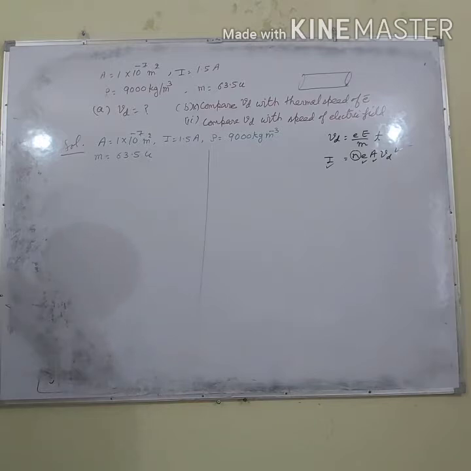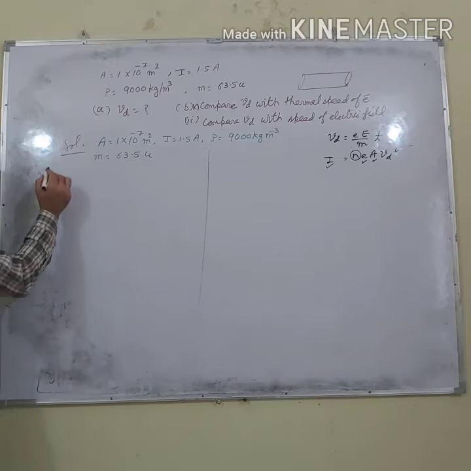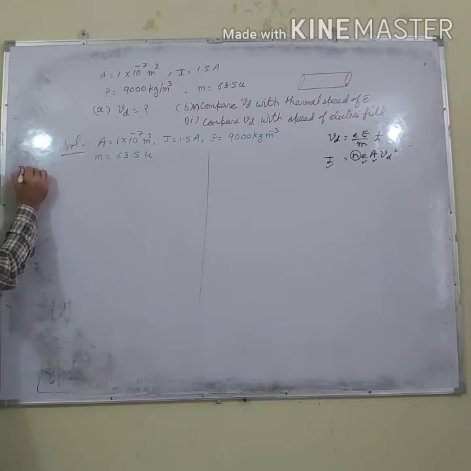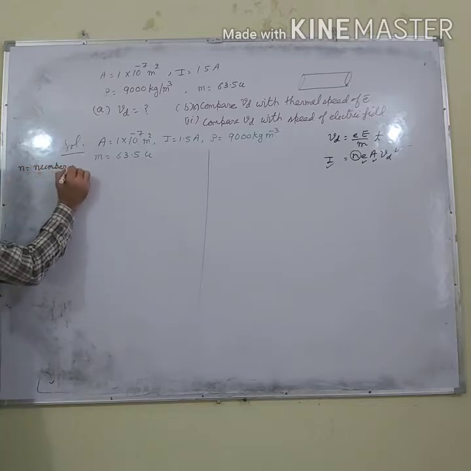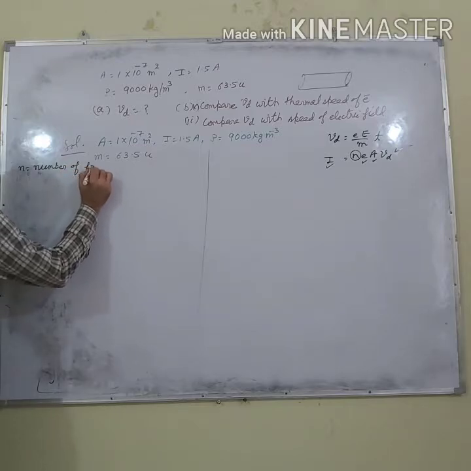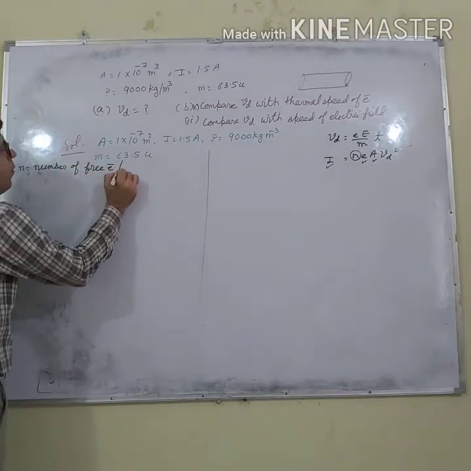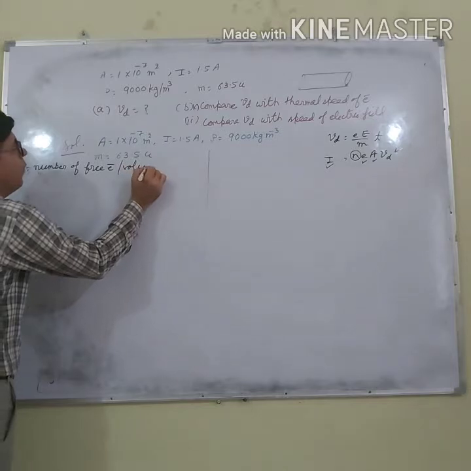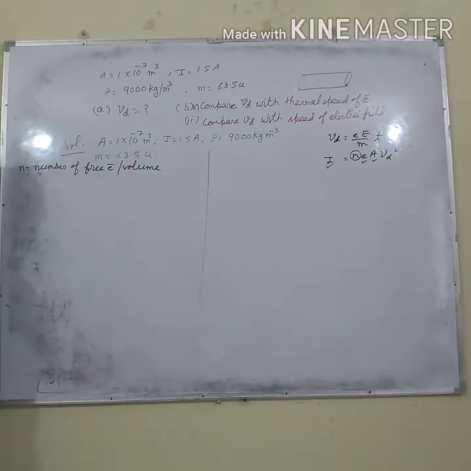Now n is the number density. What does the n mean? n means number of free electrons per unit volume.